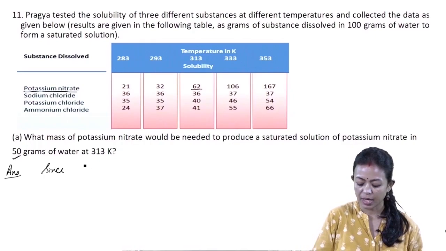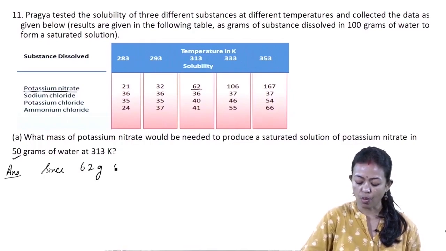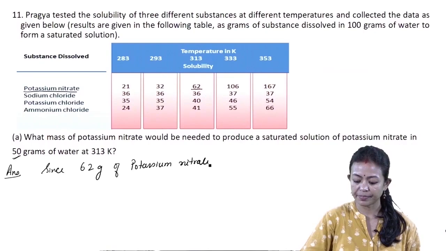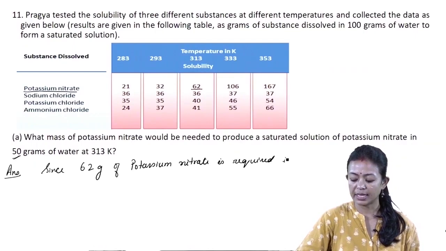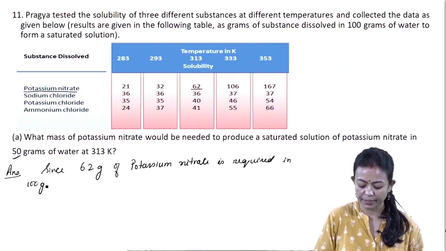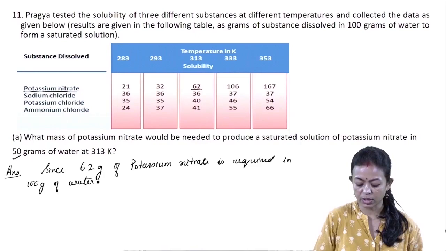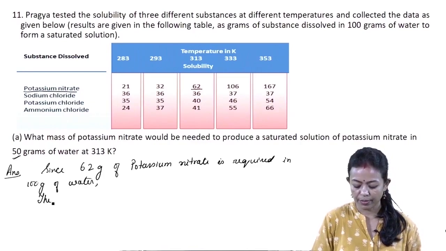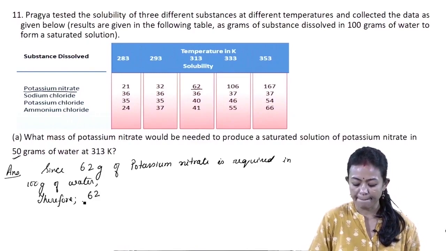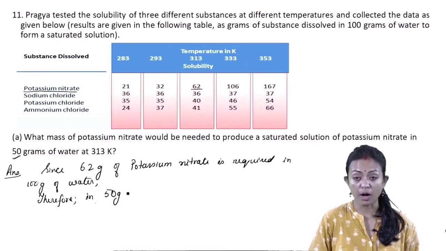since 62 gram of potassium nitrate is required in 100 gram of water. So therefore, in 50 gram, how much will be required?